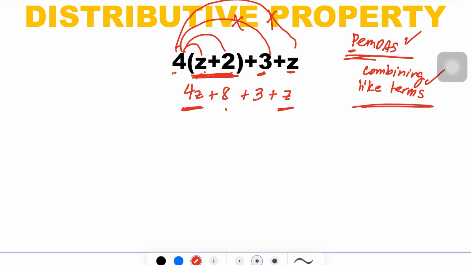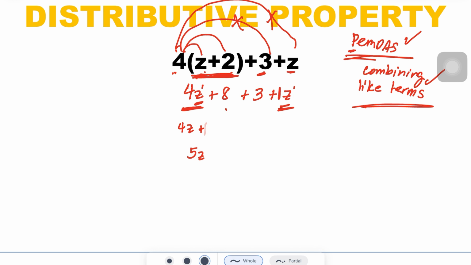Yes, because they have the same base, variable z. Both are raised to 1, but that doesn't matter. We just combine the coefficients. So 4z plus z equals 5z, because there's an invisible 1 before the letter z. We don't write that one.